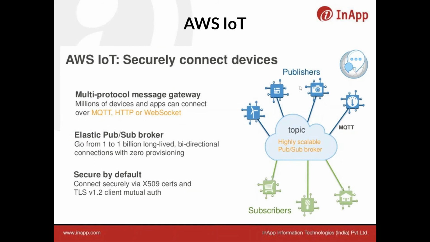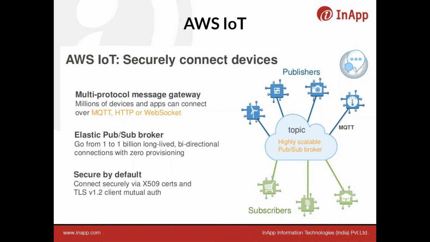So the devices need to be connected securely. So that is where AWS IoT connects securely via X509 certificates. So if you're there, you need to register. You can have Amazon CA certificates available there. Your certificates need to be signed with either Amazon CA or some kind of CA certificate that is hosted in Amazon.